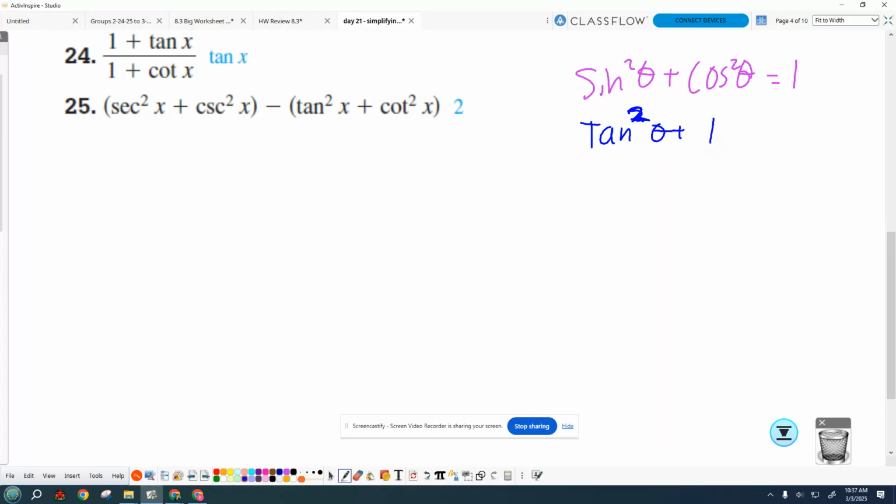There you go. And now this side, 1 divided by cosine squared, you're right, is secant squared. Okay, so there's something useful here. Alana, now if I divided everybody by sine squared? Sine squared divided by sine squared is 1. Cosine squared divided by sine squared? Cotangent.